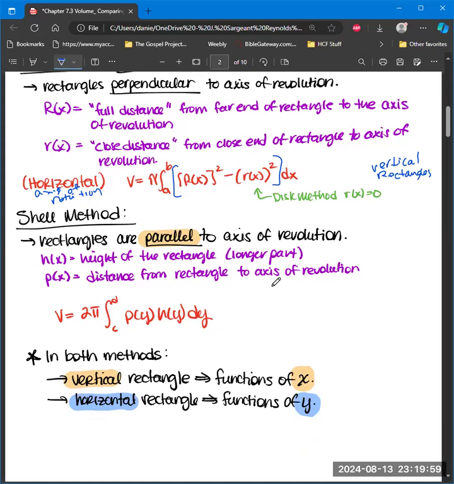This is my f of x or f of y, and usually the distance from the rectangle to the axis of rotation is just an x or y. Sometimes it's a little bit more than that.